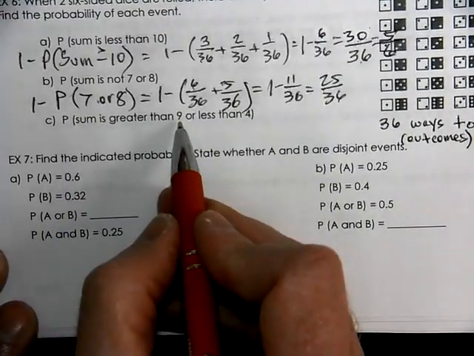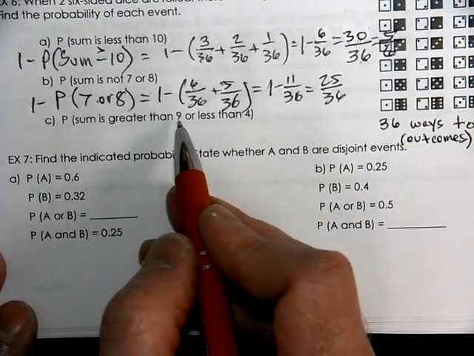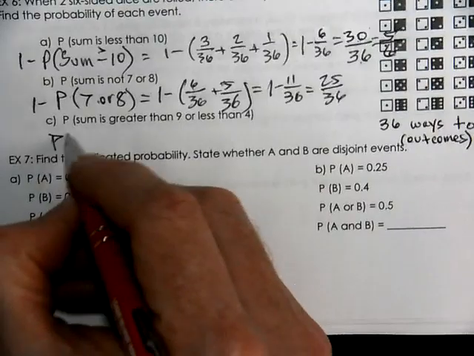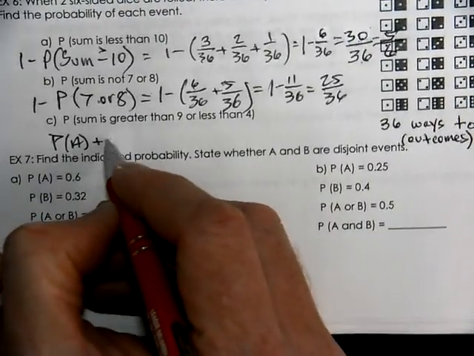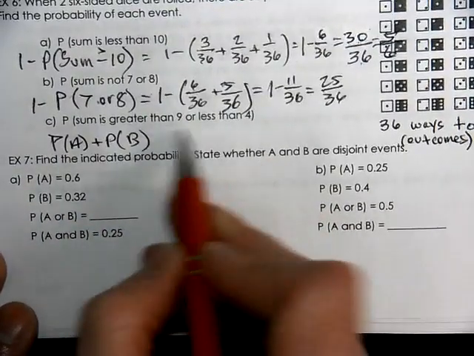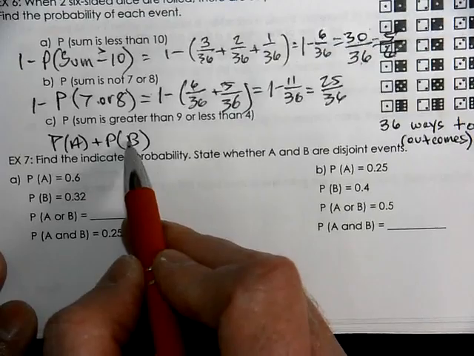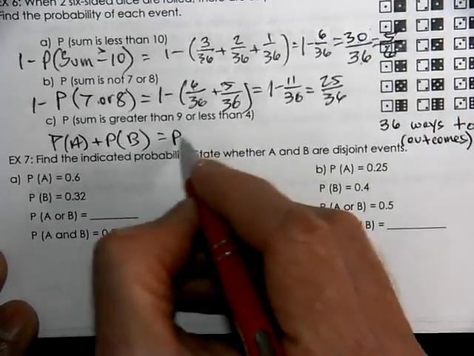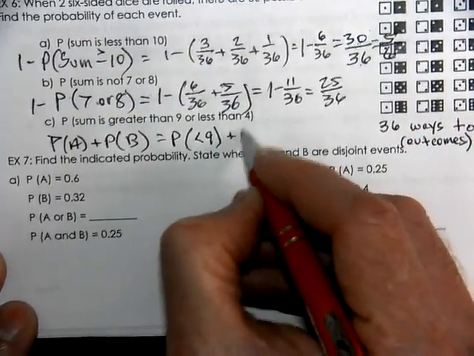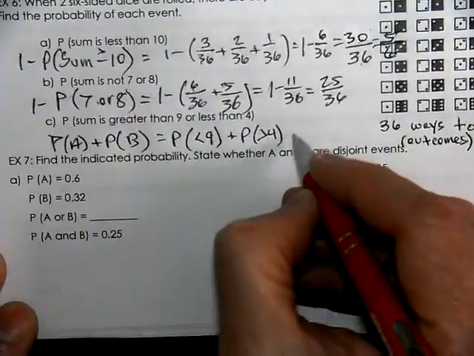And greater than 9 but less than 4. Can you have a number that is greater than 9 and less than 4? The probability of A plus the probability of B, A or B. We've got two things going on, one or the other. That's the probability that you're less than 4 and the probability that you are greater than 9.